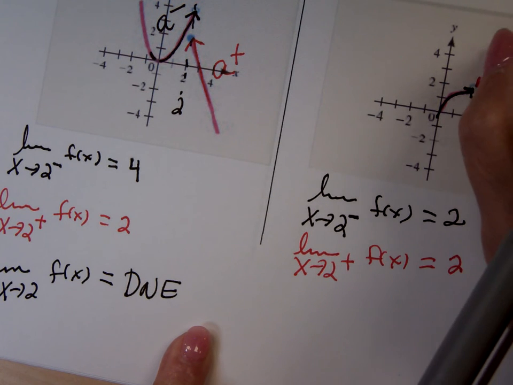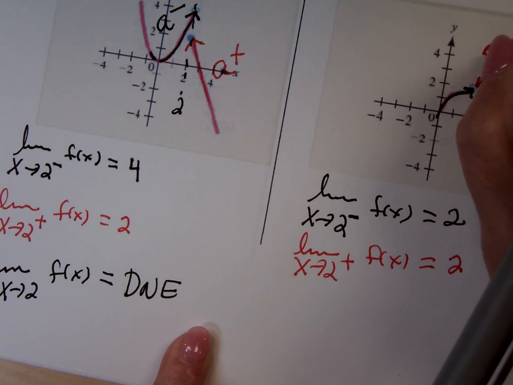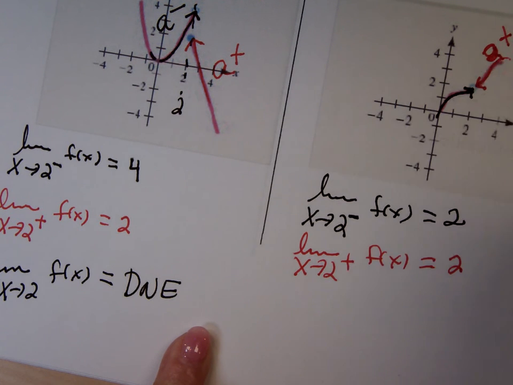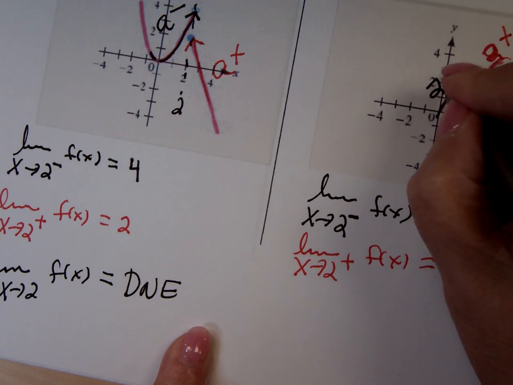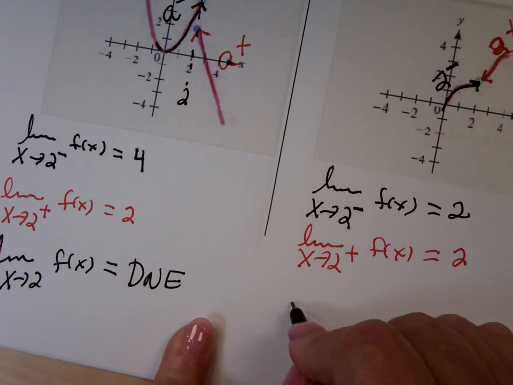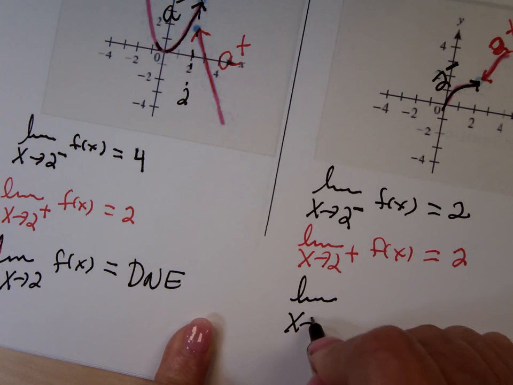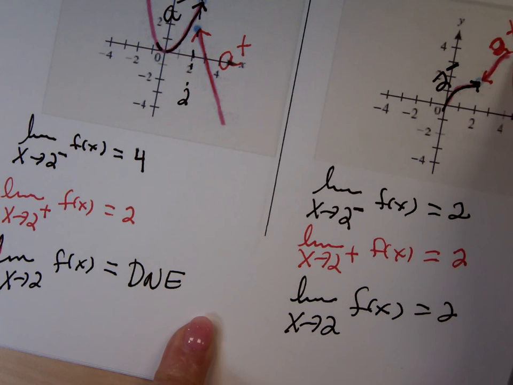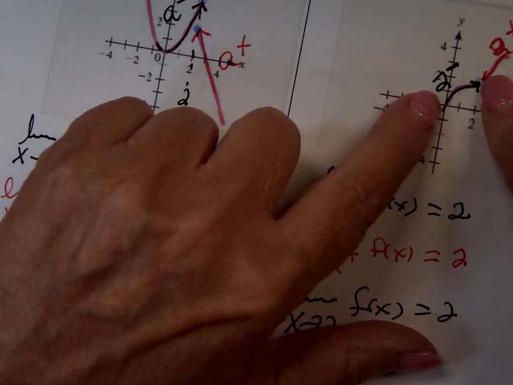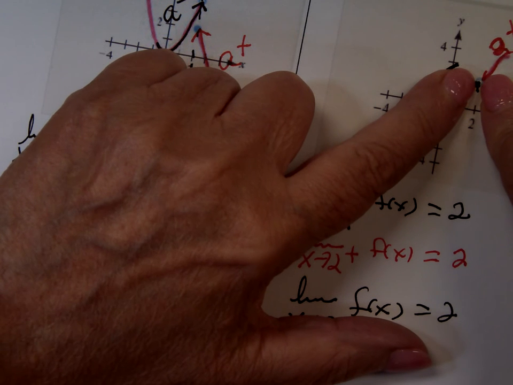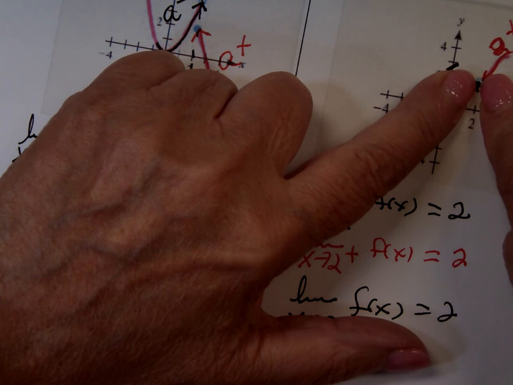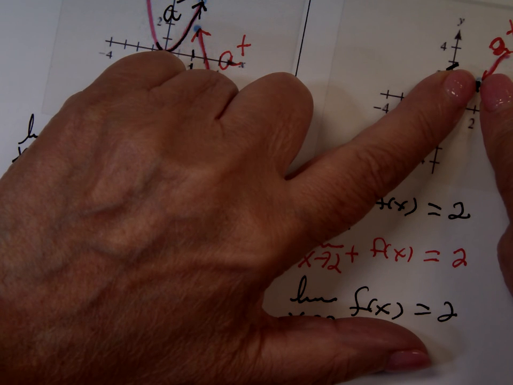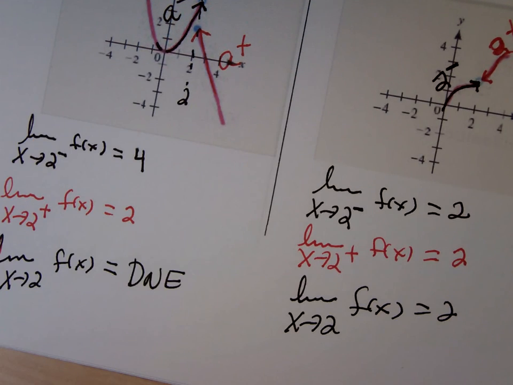So this is 2 from the right. This is 2 from the left. So I can say that the limit as x approaches 2 is what? 2. And it says if I come in from the right, I end up here. If I come in from the left, I end up there. And because it's a hole, for all intents and purposes, I meet. Do I meet? Do I not meet?